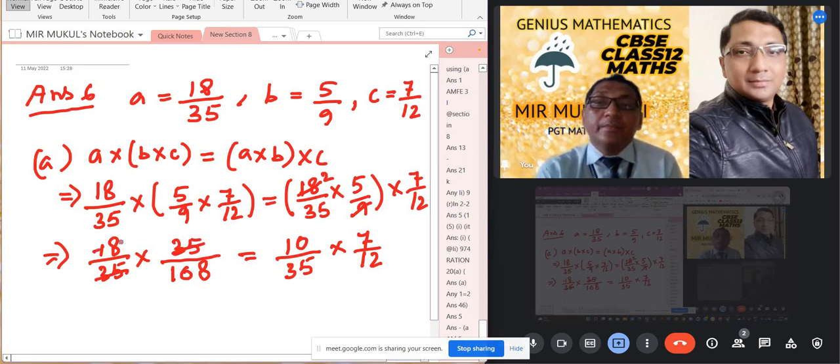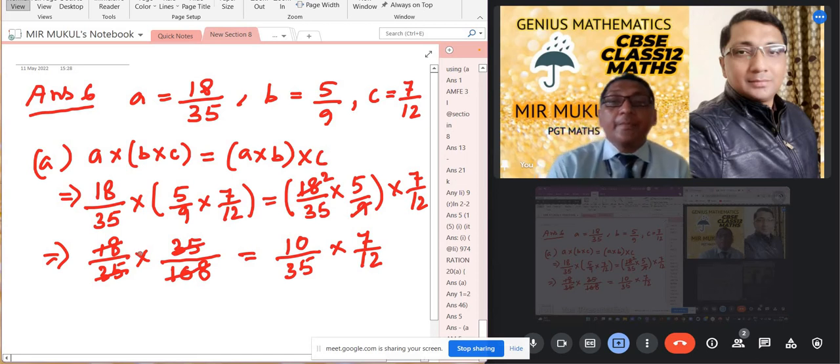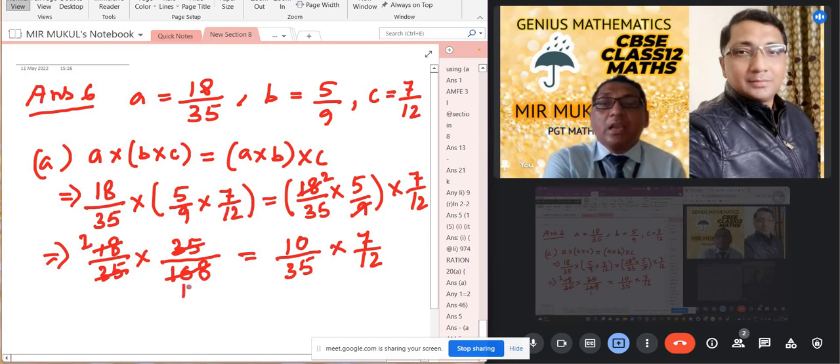So 18, if we divide this, you can cut by 9, and that means it is divisible by 18. So 9 to the first, I'll cut by 9. 9 1s are 9, and 9 2s are 18. Then again by 2 cut. So we are getting 6. And this side, 5 2s are 10, 5 7s are 35 and 7 cancel, then 2 6s are 12.